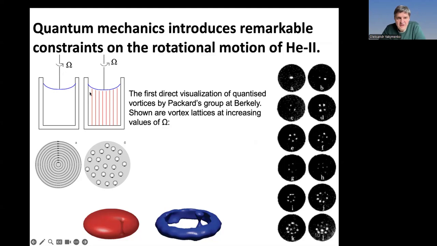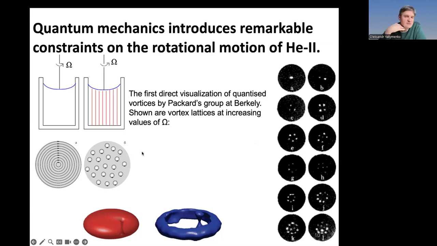But if you have a superfluid system, it's quite different, because the system gains the angular momentum by quanta, which is called the vortex line here.